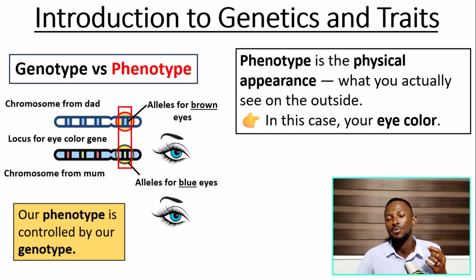People say don't judge a book by its cover, but genetics doesn't respect that. Most of the time, you look at the physical appearance of a child, and in certain instances you can have an idea about what the genotype is on the inside. So our phenotype is controlled by our genotype.